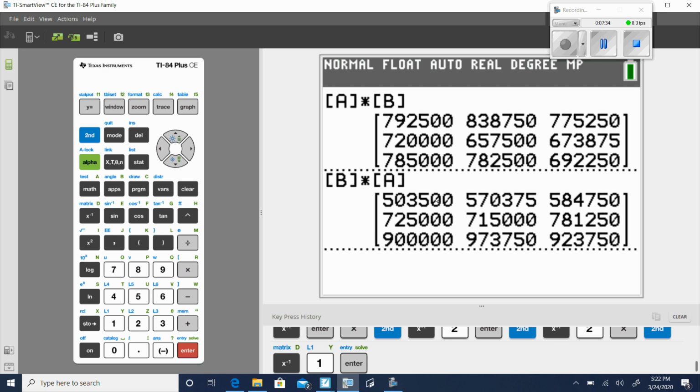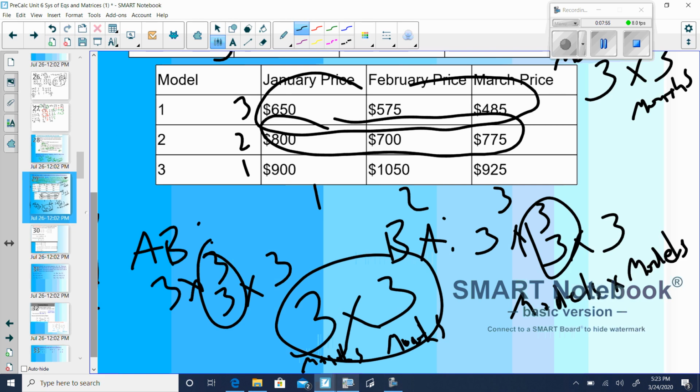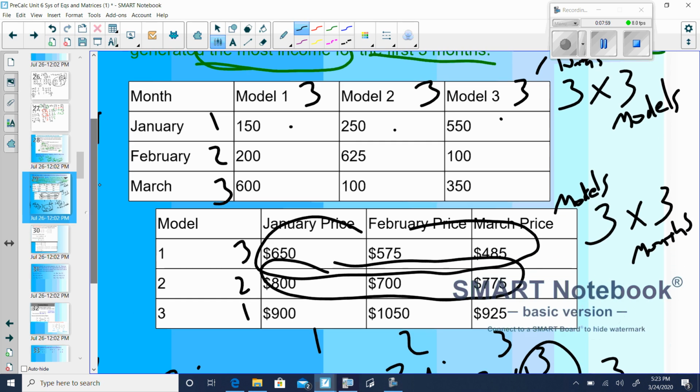So Model 2 outsells Model 3 by $50,000 in March, but that still means Model 3 comes out $30,000 ahead. So you have to be careful with AB times BA when you look at those numbers, because you get two sets and the two sets are each lovely, but they mean something different, right?